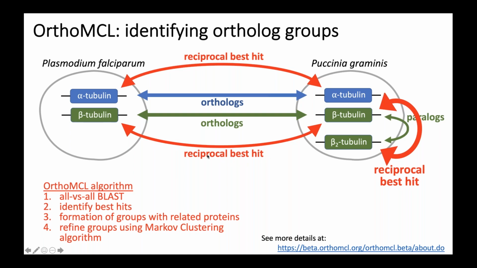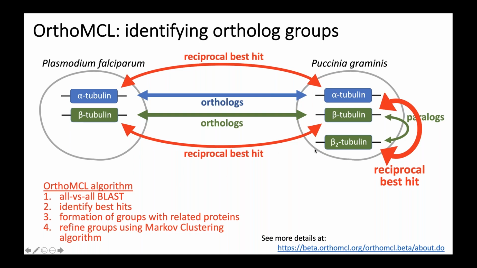So this is one arrow going this way. I didn't show the other, just to keep it somewhat simple. But if I took beta tubulin and BLASTed against all these proteins here, I wouldn't get the same protein back. It's not a reciprocal best hit. I would get this one back. So that ends up being really difficult.